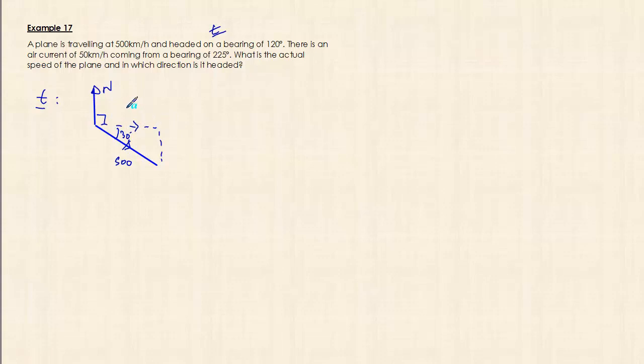So across here we're going to have 500 cos 30 degrees, and here we're going to have 500 sine 30 degrees, and note this is downwards. So we can say that true is equal to 500 cos 30 and negative 500 sine 30.